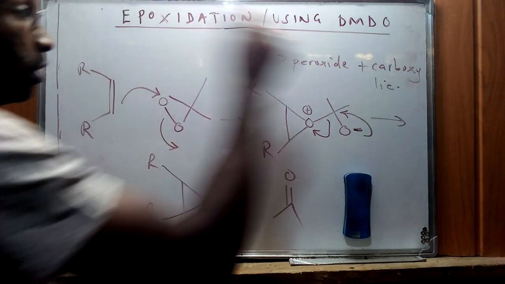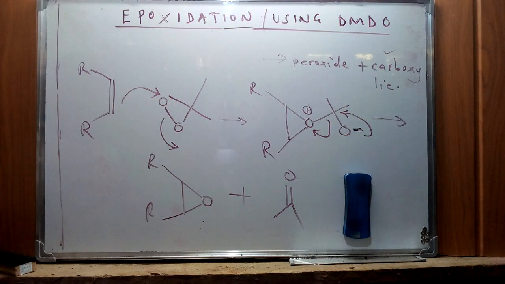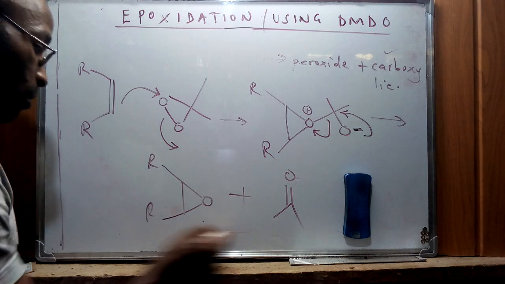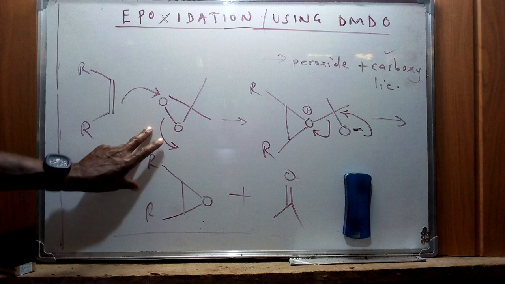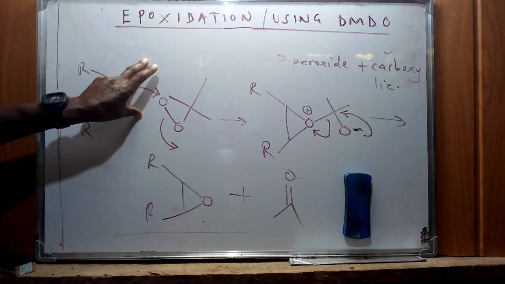So this is going to determine the achievement of the final product, or how we can separate the final product from that one that is formed. So in that case, we're going to stop at this particular point.